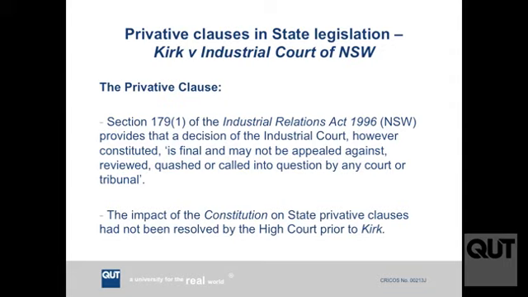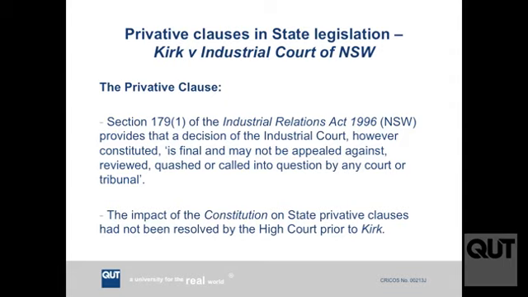Section 179(1) of the Act provides that a decision of the Industrial Court, however constituted, is final and may not be appealed against, reviewed, quashed, or called into question by any court or tribunal.